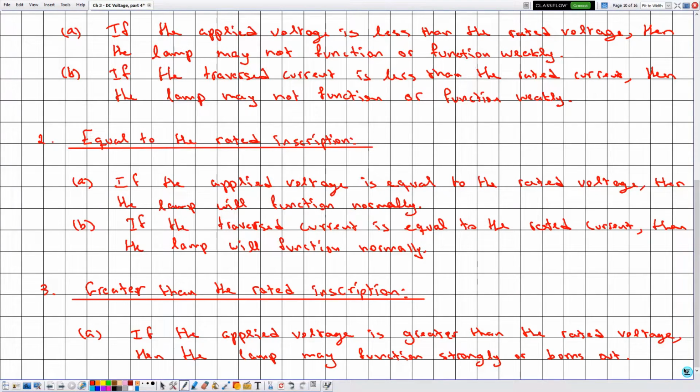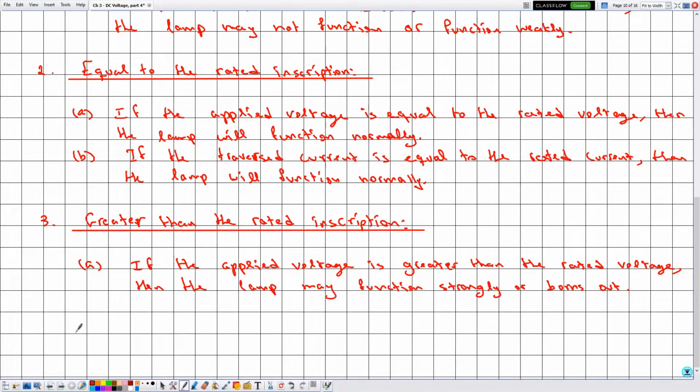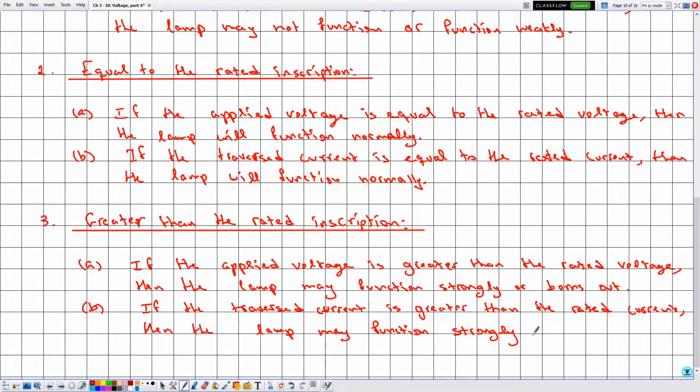Now similarly as for the current, if we are comparing the traverse current with the rated, so let me say idea part B, if the traverse current is greater than the rated current, then the lamp may function strongly or burn out.